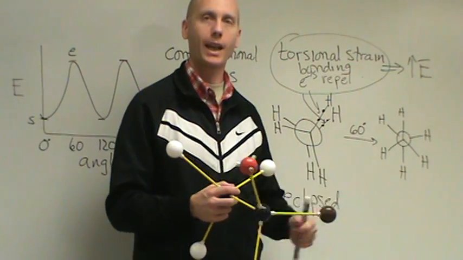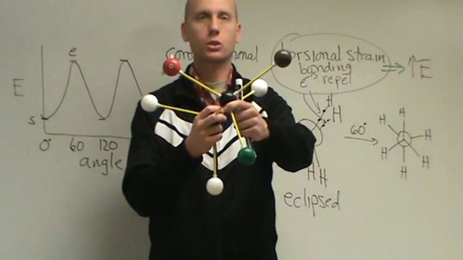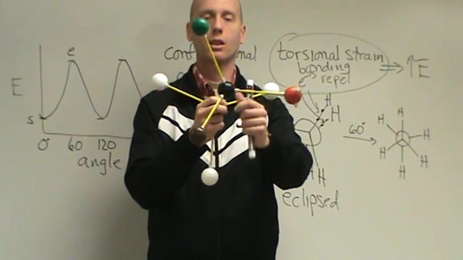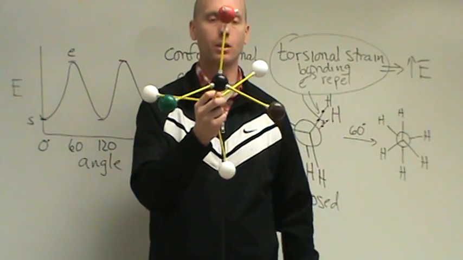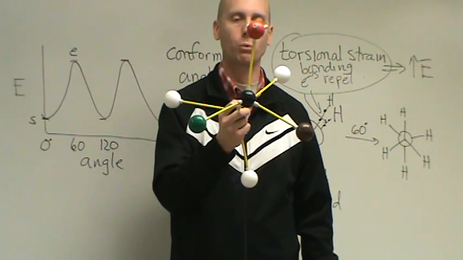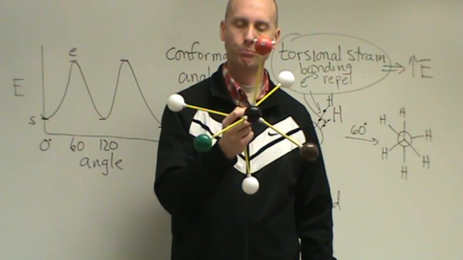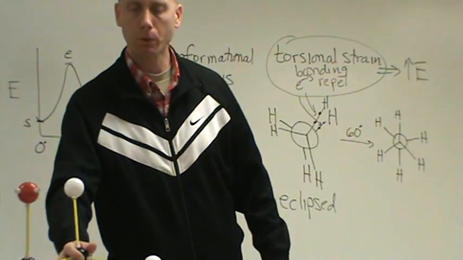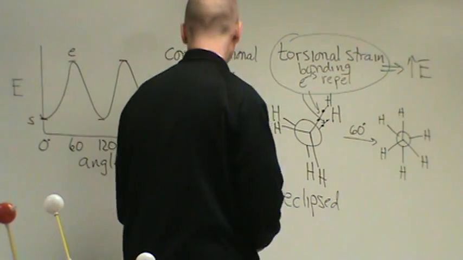They're both called ethane. What's the difference? The difference is the rotation of the bond. And when I rotate, it gives me a different energy content with it. So that's ethane. Let's go to a little bit more complicated molecule.